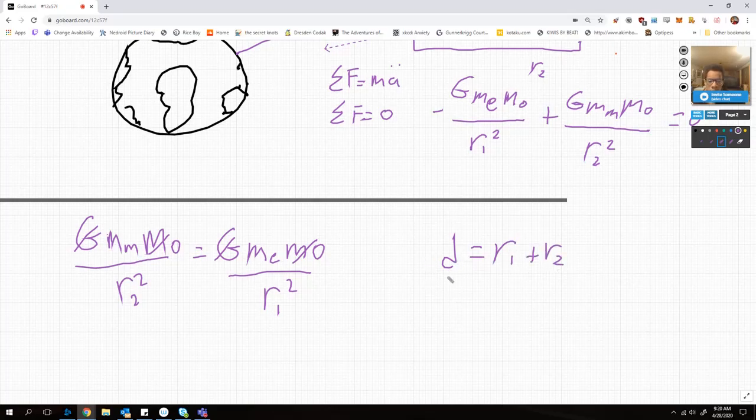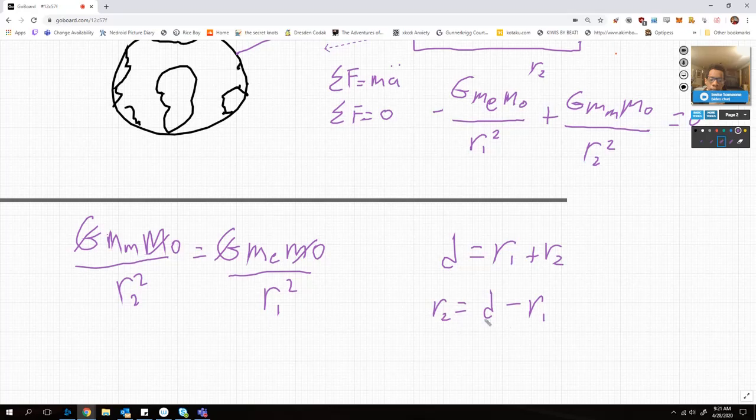And now I know this distance from the Earth to the moon, so I can write one of these R's in terms of the distance and the other R. Let's pick R2 because why not? So R2 equals distance minus R1.